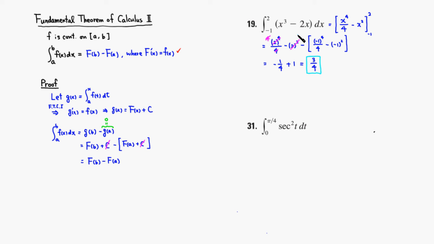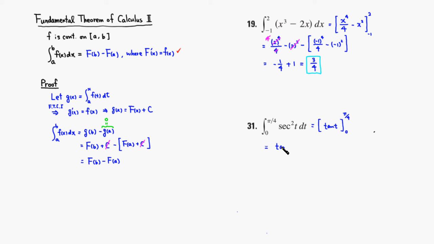Alright, let's look at the next one. We just do it the same way. We find the antiderivative of secant squared of t, which would be tangent of t. Then you're going from 0 to pi over 4. First thing you do is plug in the upper limit first.